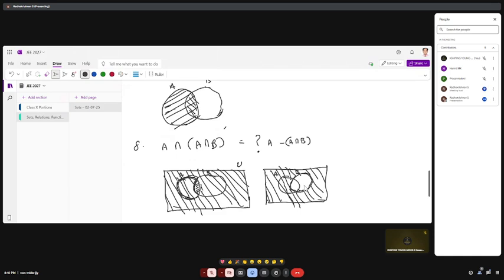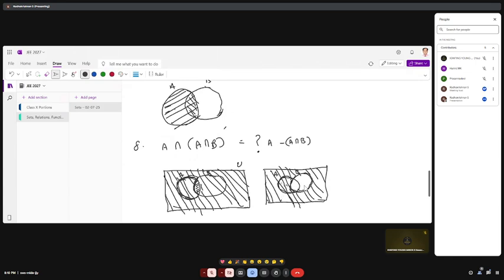A intersection B complement. How much is common with A? You see that again it is this one, the same thing which is coming. So that means this is the correct answer.